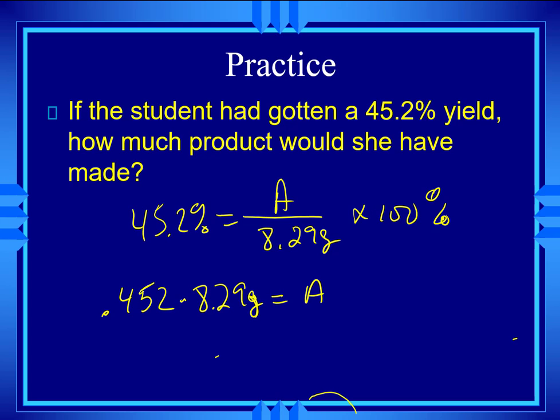That is what my actual equals, which is 0.452 times 8.29, which is 3.74.